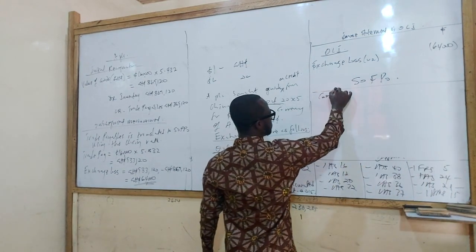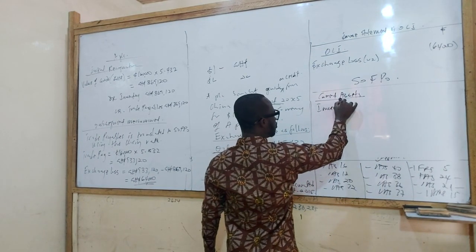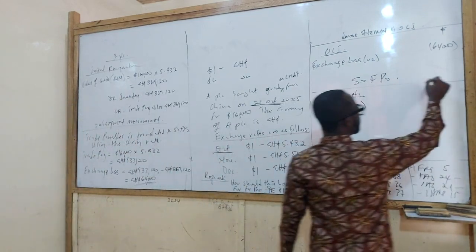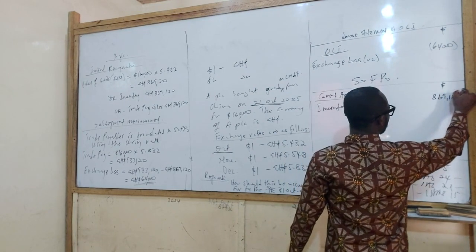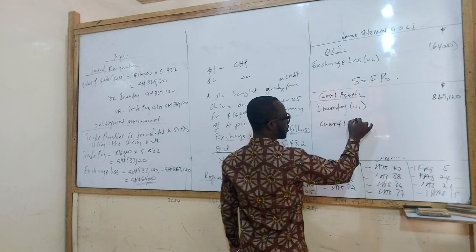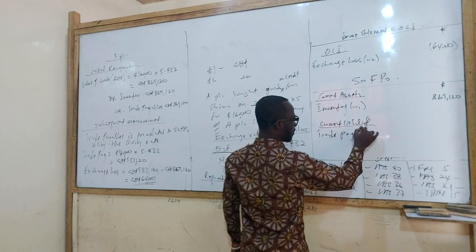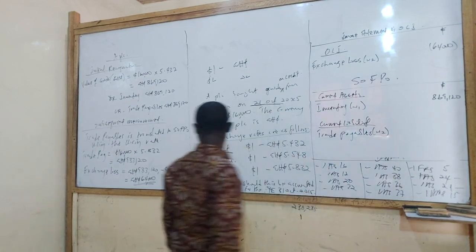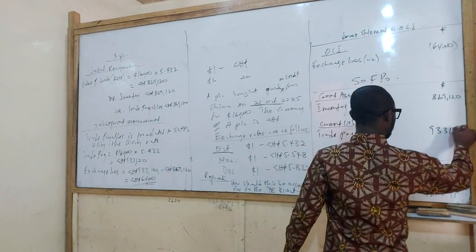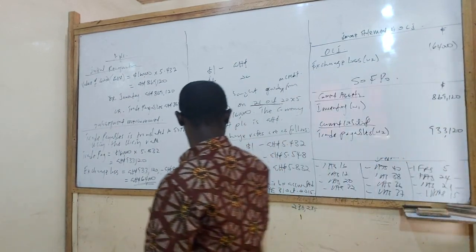Under current assets, we're going to have our inventory, which will not be translated, so we will still use the initial value, 869,120. However, in the current liability section, we're going to have trade payables, and we'll now use the new value, 933,120. That's it.